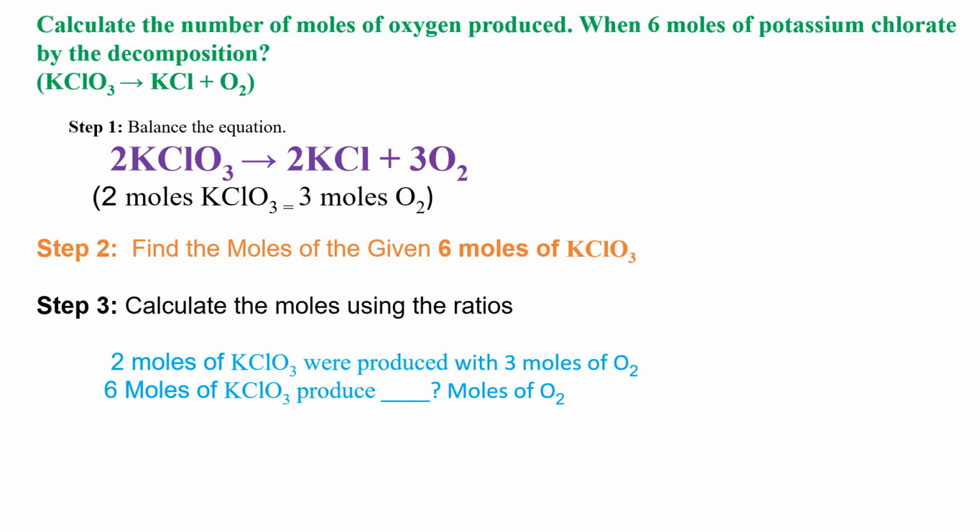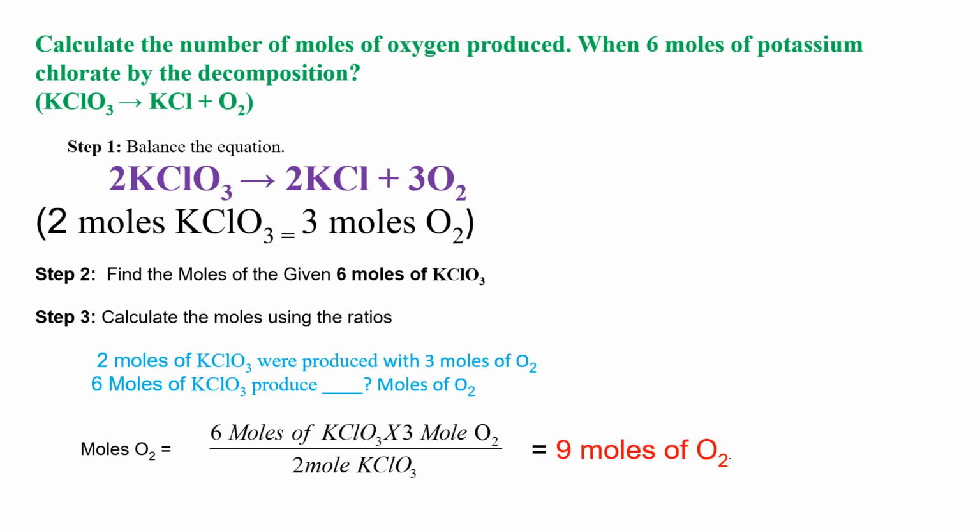This is the relation between KClO3 and O2. 6 moles of KClO3 give how many moles? Based on the reaction, 2 moles of KClO3 gives 3 moles of oxygen, then 6 moles of KClO3 produce how many moles? So 6 into 3 divided by 2, crisscross.